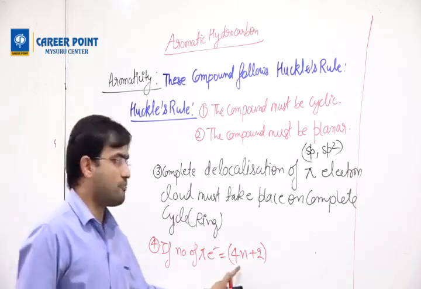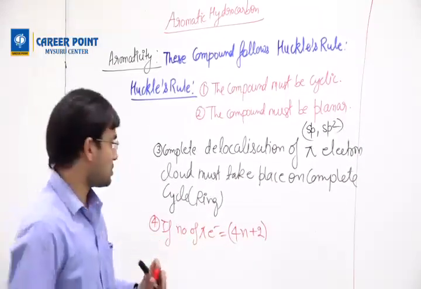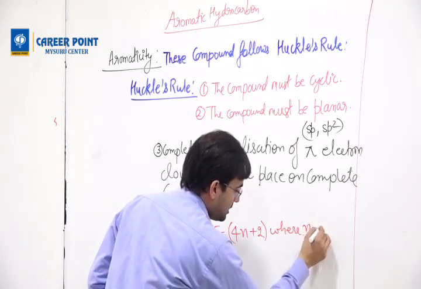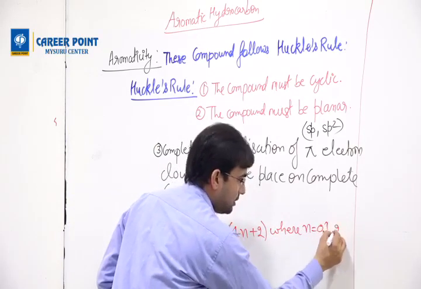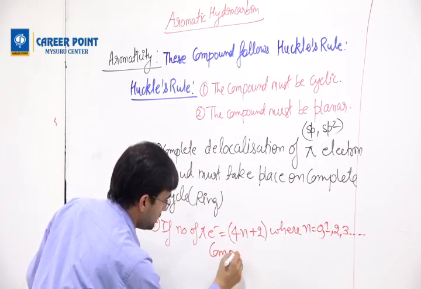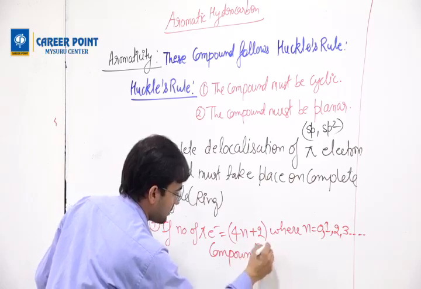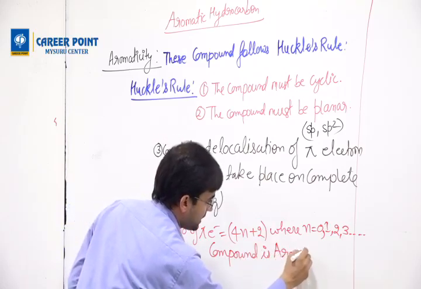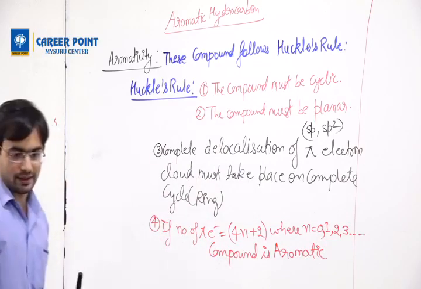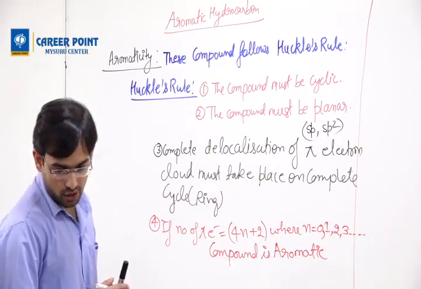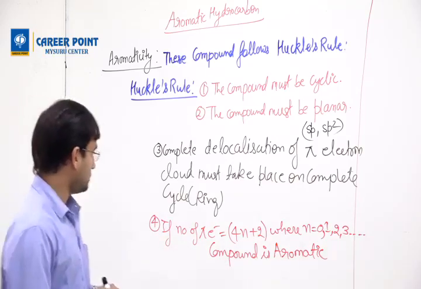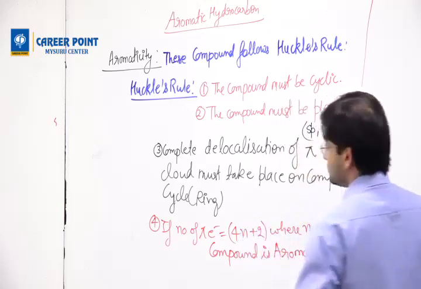If the number of pi electrons is 4n plus 2, where n is 0, 1, 2, 3 and so on, the compound is aromatic. Done.